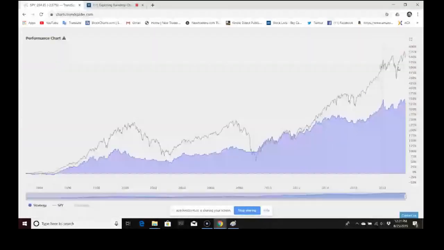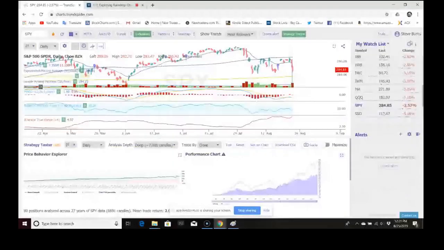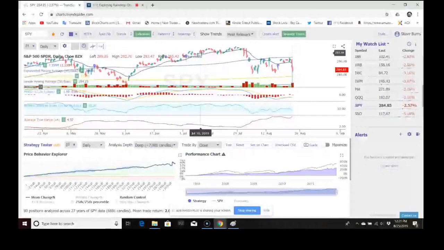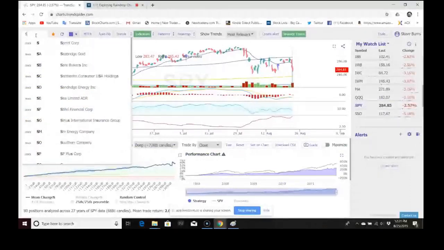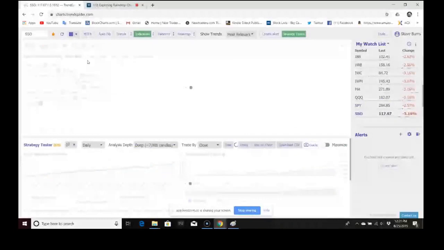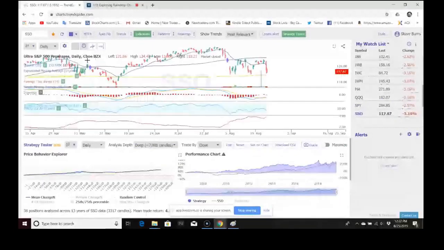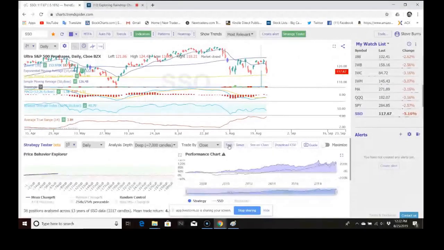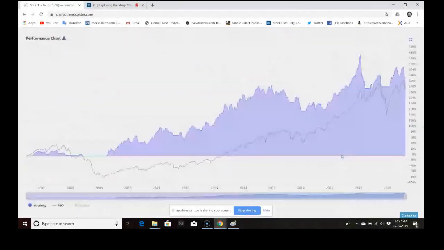See, on the SPY itself it underperformed, but if we add leverage to it, going back to 1993, or if we go back to 2007, as long as SSO has existed, backtest it on the SSO with double leverage, you amplify the returns, and you can actually outperform since the financial meltdown. You stayed out, then you got back in.